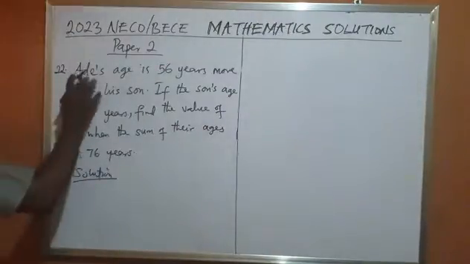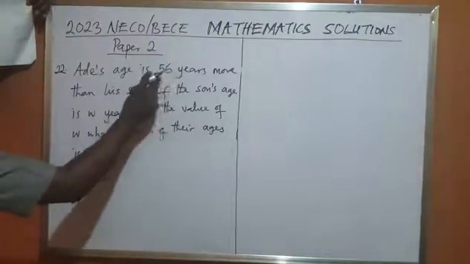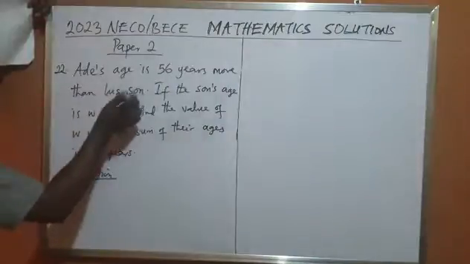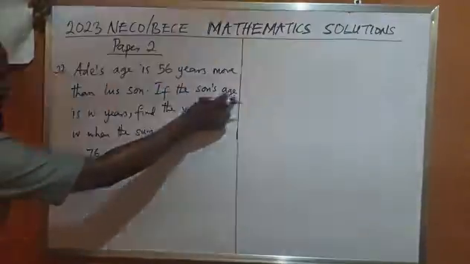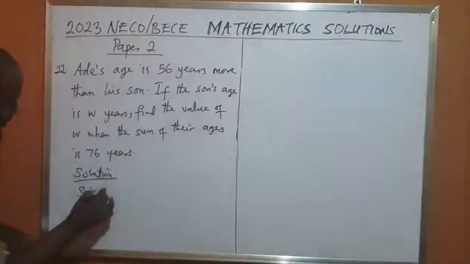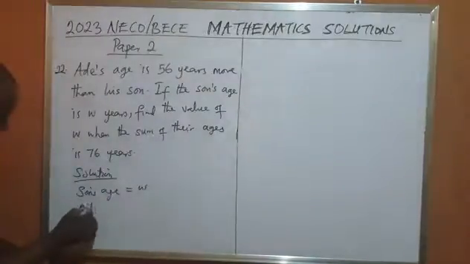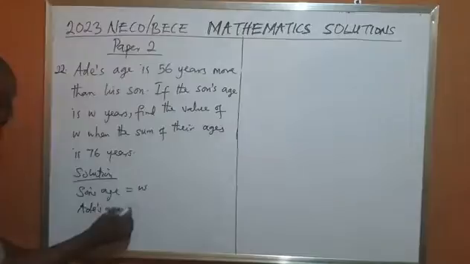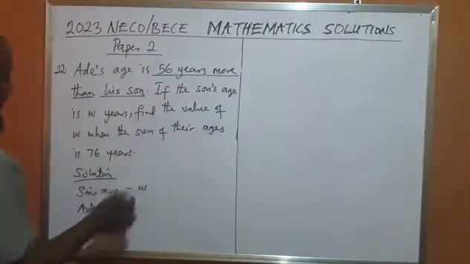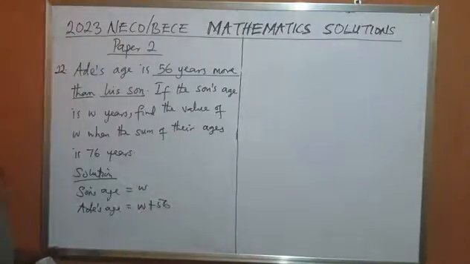Interpreting it, Ade's age is 56 years more than his son's age, that is, 56 years plus the age of the son. If the son's age is W, then Ade's age, which is 56 years more than his son's age, is W + 56.